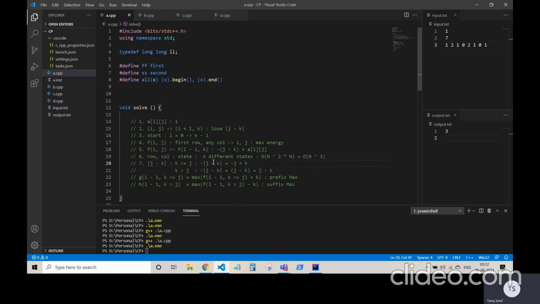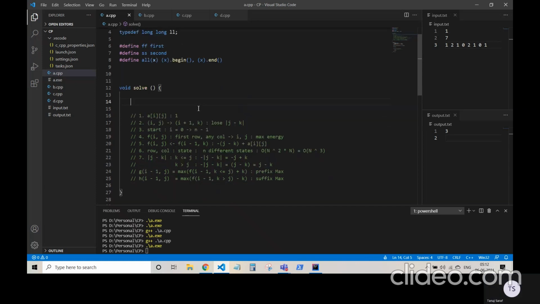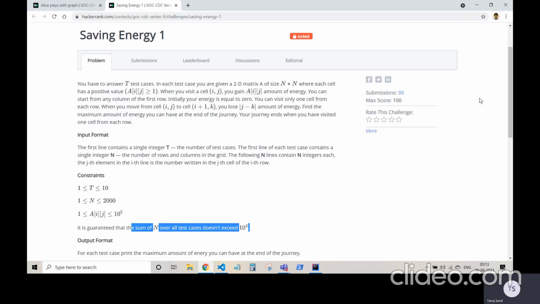Since k is less than or equal to j, j minus k is positive, and it leads to a loss of energy equal to minus j plus k. So how it would look formally. By removing this order n transition, we have achieved a time complexity of order n square, which is good enough to pass. So now let's code this up.